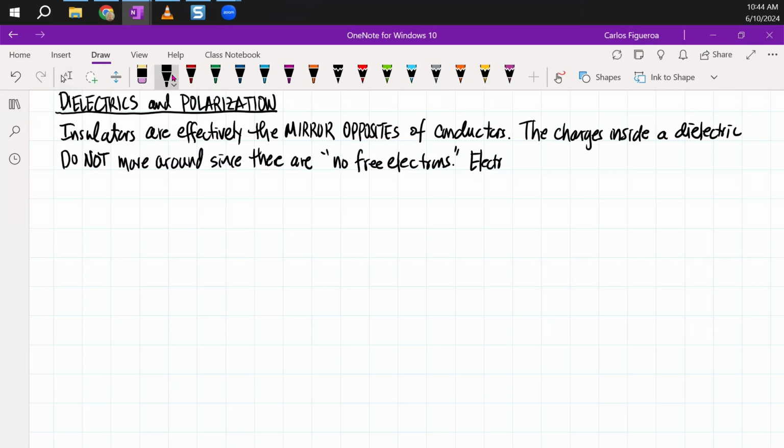Electrons must then... not electrons, that's a wrong statement.